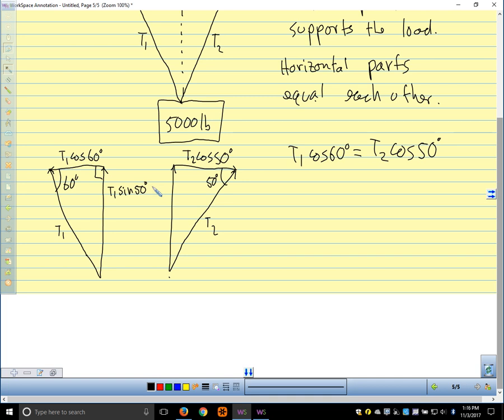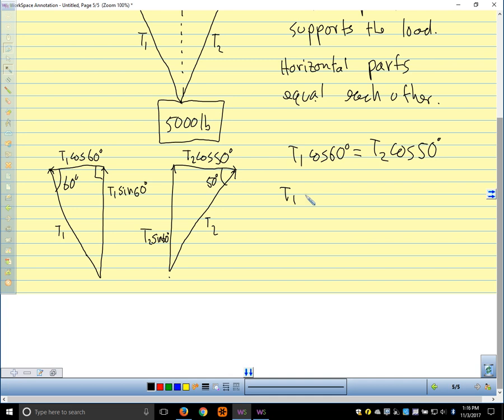On the left triangle, this vertical piece is T1 sine 50. It's the opposite and the hypotenuse. And this vertical piece on the right triangle is T2, sorry, this should be a 60. T2 sine 60. Well, those together are what are the forces that are supporting the weight.